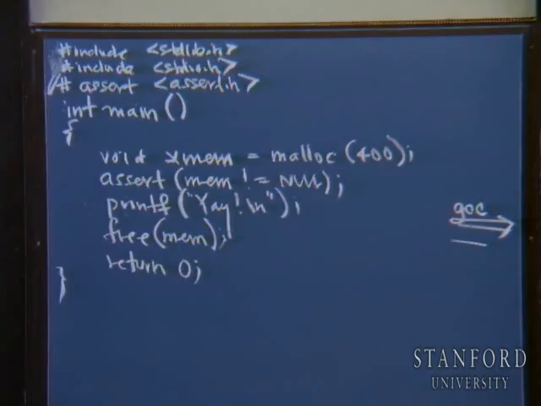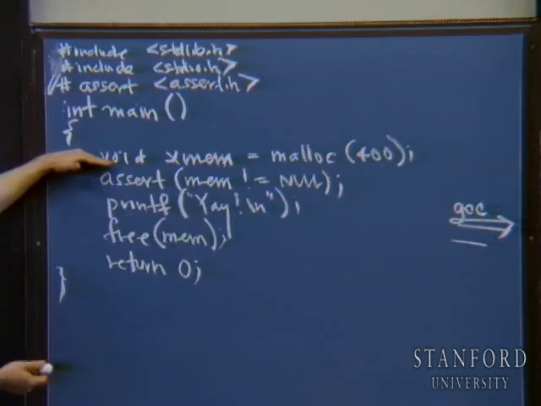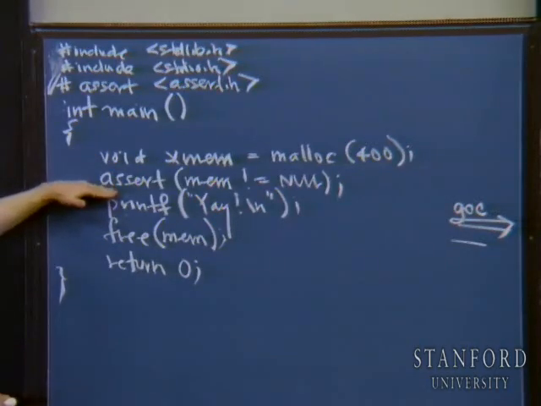If it doesn't see any mention of how assert is introduced as a symbol to the compilation unit, it comes down here, says, I know what malloc is. It's a function that takes a size t and returns a void star. Comes here, it's like, I don't know what assert is. So look at it. If I didn't tell you what assert was 2 days ago, you would say, oh, that must be a function that takes a Boolean and returns a void.